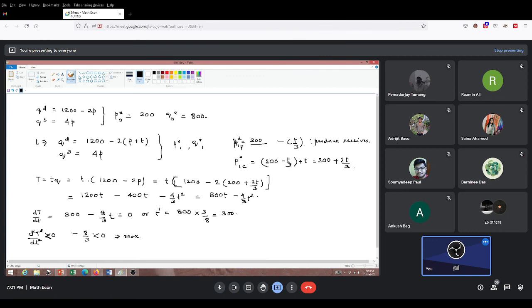And if you put T into this tax revenue, you can find out the optimal tax revenue at that level. Okay, this is easy, so I'm not going to do this. So this is all for today. It concludes the lectures for this semester.